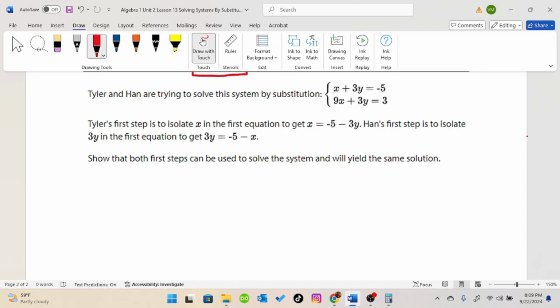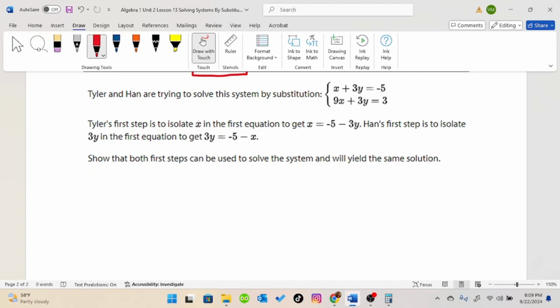Tyler's first step is to isolate x in the first equation to get x equals negative 5 minus 3y. Han's first step is to isolate 3y in the first equation to get 3y equals negative 5 minus x. Show that both first steps can be used to solve the system and will yield the same result.